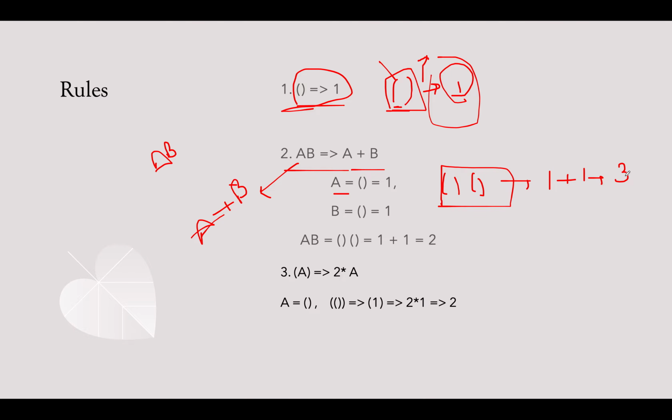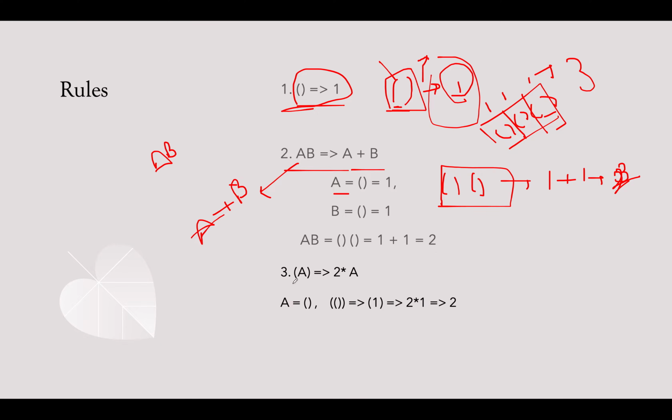Let's take another example with three such strings. The score would be the score of this string plus this string plus this string, which is 1 plus 1 plus 1, which is 3.